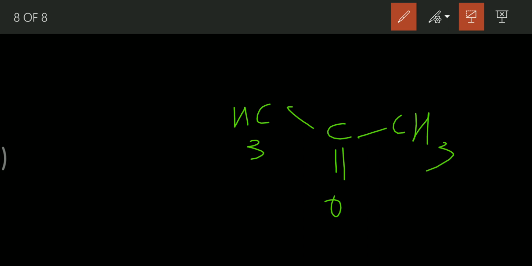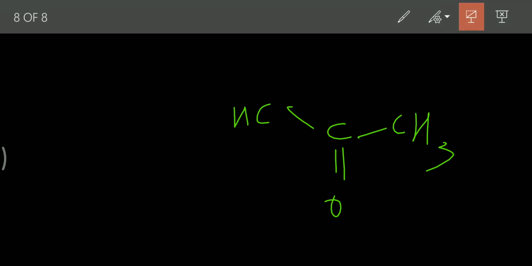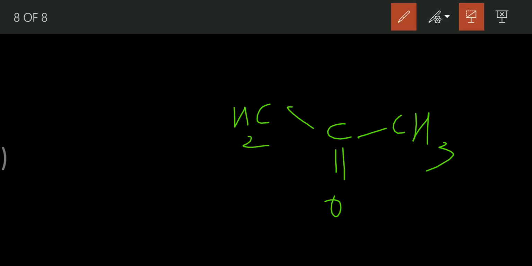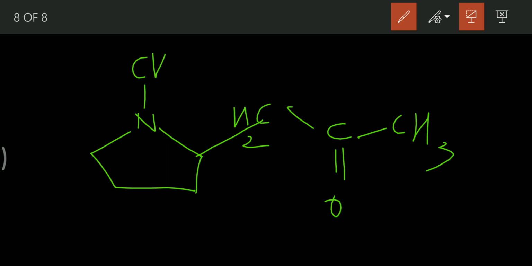Now out of that you have to take one of the hydrogens and replace that hydrogen by attaching it to the pyrrolidine derivative. We have to attach that to this pyrrolidine derivative. So this is the structure of hygrine. So you can remember like this.